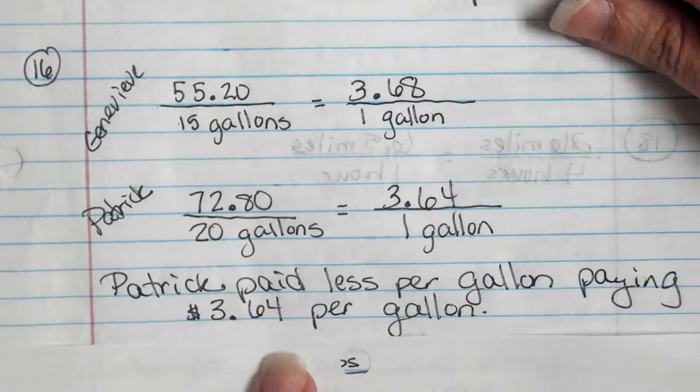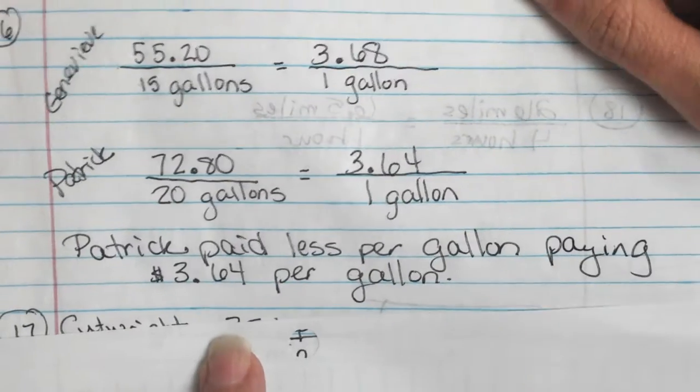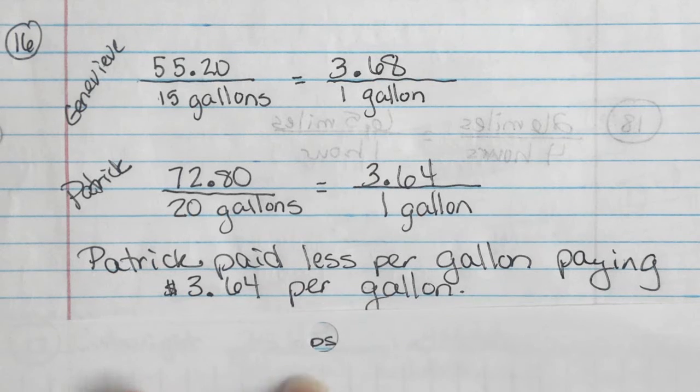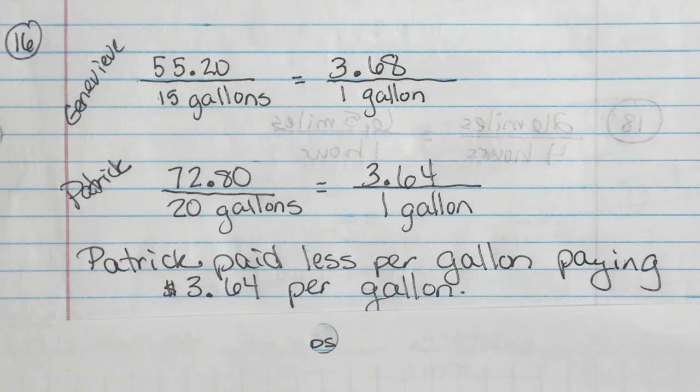This one had Genevieve and Patrick, and I kind of giggle because it's almost like these two people must have gone to the gas station with their eyes closed, and they drove up and pumped a bunch of gas, and then they drove off and wondered how much they pumped or how much it cost them. I realize this is weird because we look at the big sign before we drive into the gas station, okay? But basically, all it is, you've got miles per gallon and price per gallon.